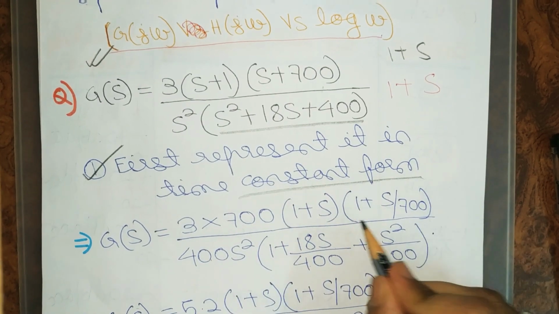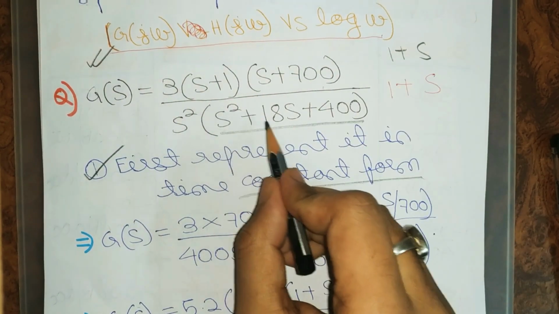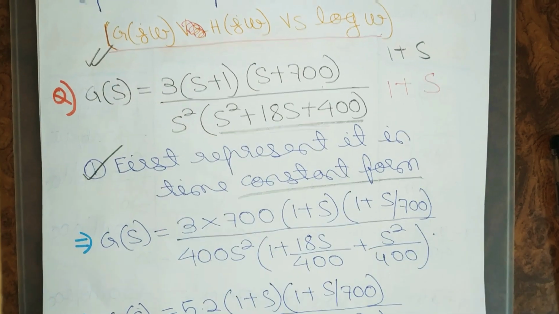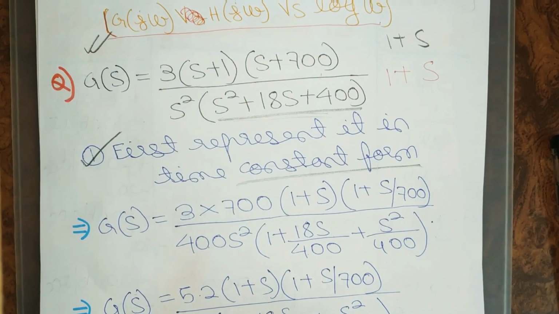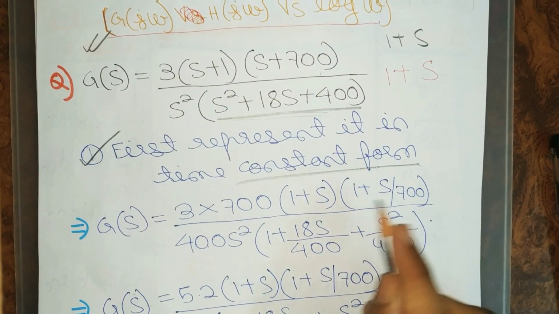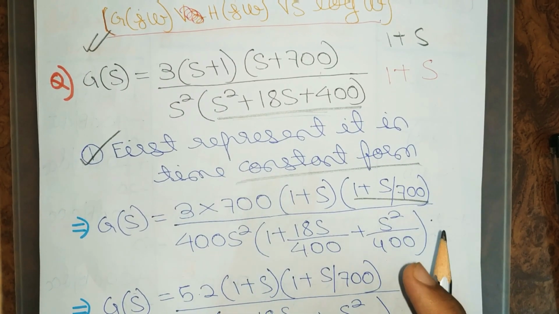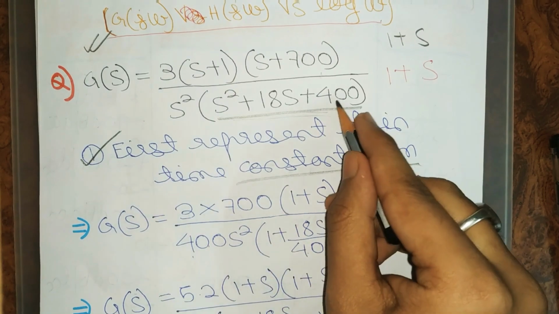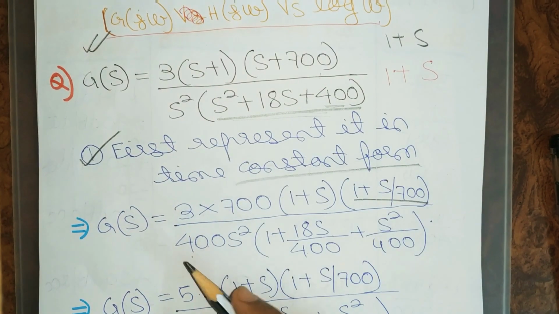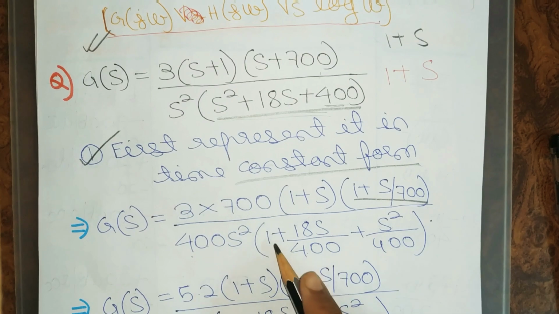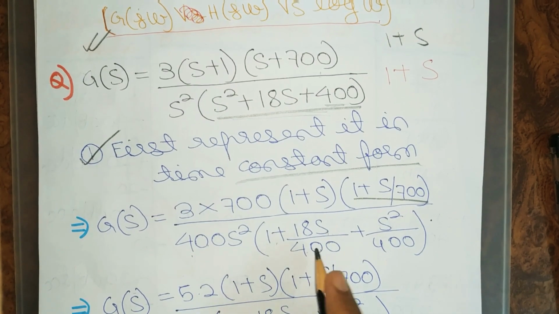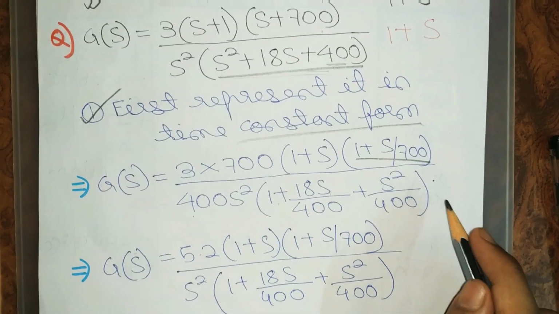You have to change the 7 plus 700 and this second order system. So you will take 700 common here and it will become 1 plus s by 700. Similarly, you have to take 400 common, and you will get 1 plus 18s by 400 plus s squared by 400.